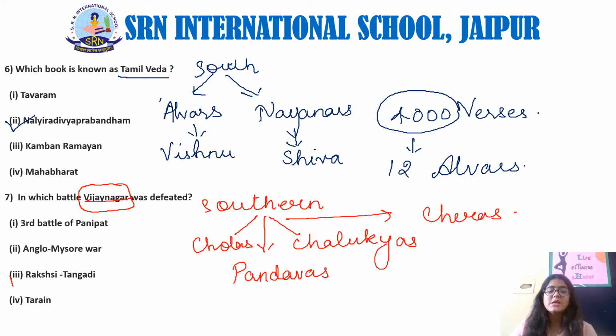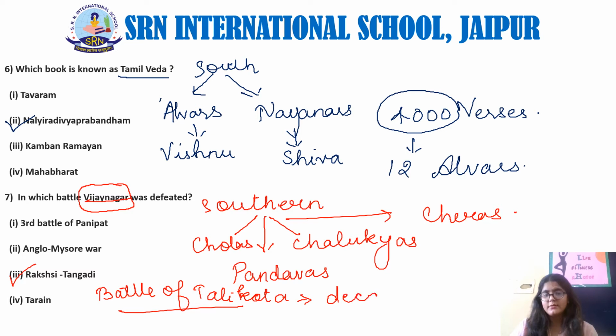The battle was the Rakshasi Tangdi battle. This battle was also known as the Battle of Talikota. In this battle, the Deccan Sultans entered the Vijayanagar Empire and they killed Dev Raya II.